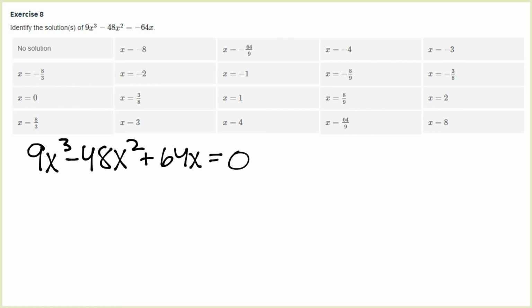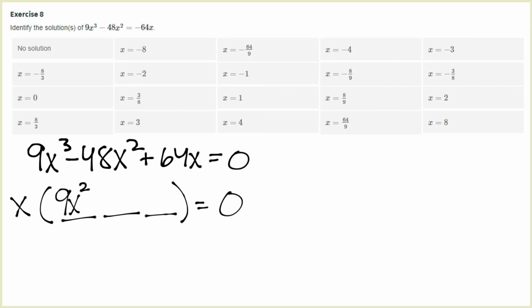So I'm going to put my greatest common factor in front as an x, and then I'm going to divide every term by 1x, and I'm going to get my remaining trinomial. So that will be 9x squared, that will be negative 48x, and this will be positive 64.